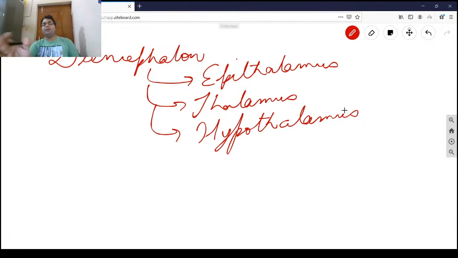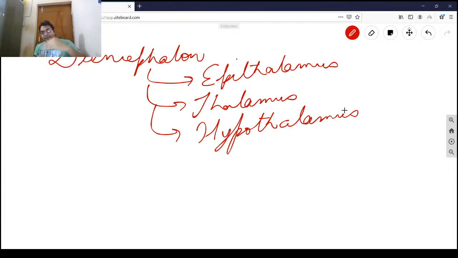Now you can think of the location of these things by their name only. Epi means top, then thalamus, hypo means down. That is the meaning of hypothalamus. Always know this: you have the epidural space, meaning on top of the dura, then subdural, then arachnoid.